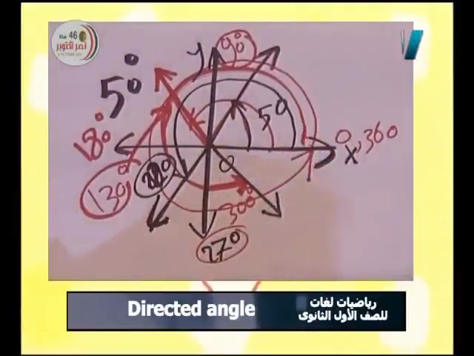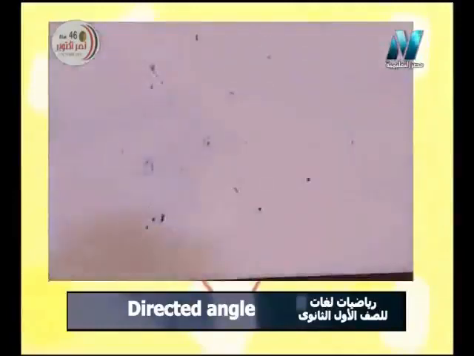Let's talk about the angles again. We have angles that lie in the first, second, third, or fourth quadrant, but we have other angles which we call quadrantal angles. What are the quadrantal angles? Let's see here.